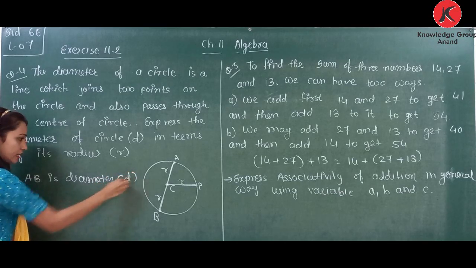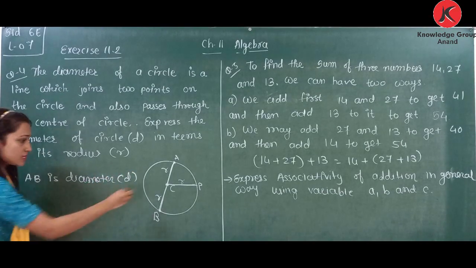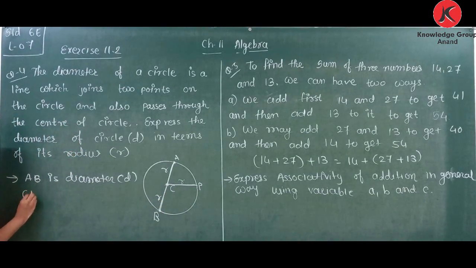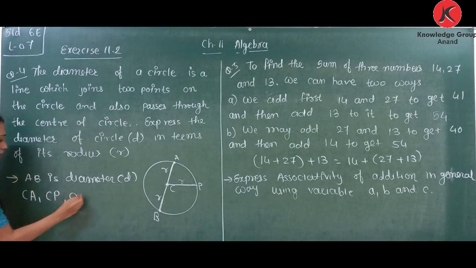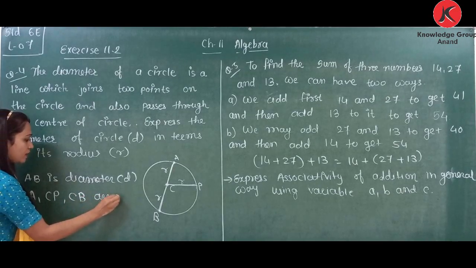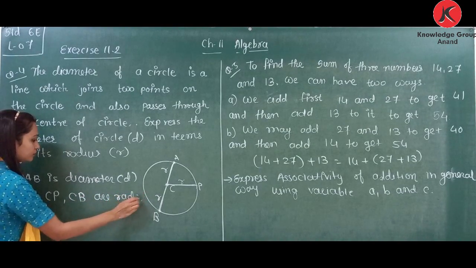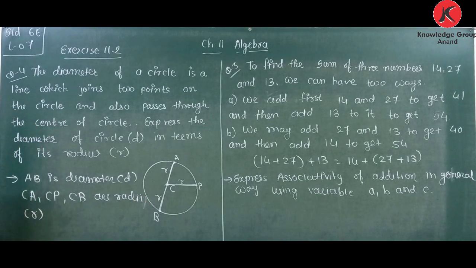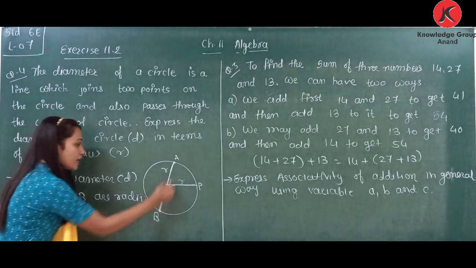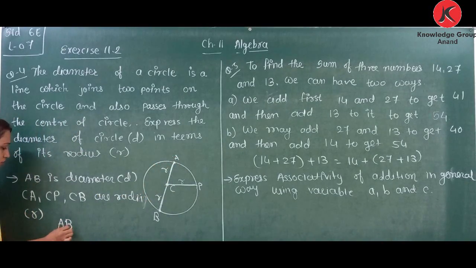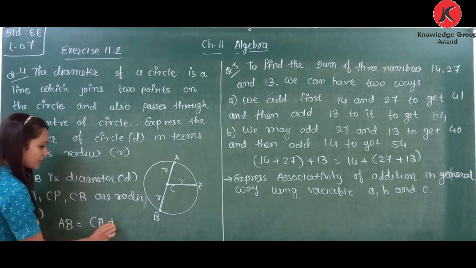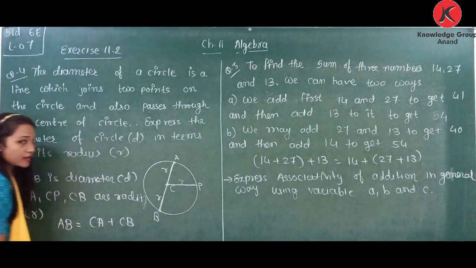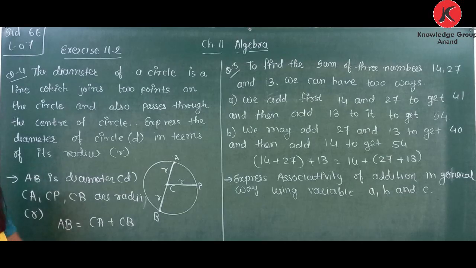We can write D. Here which are the radius? CA, CP and CB are radius R. But AB is equal to CA plus CB, and we consider this as a radius R, because we know that the radius is the same for all.